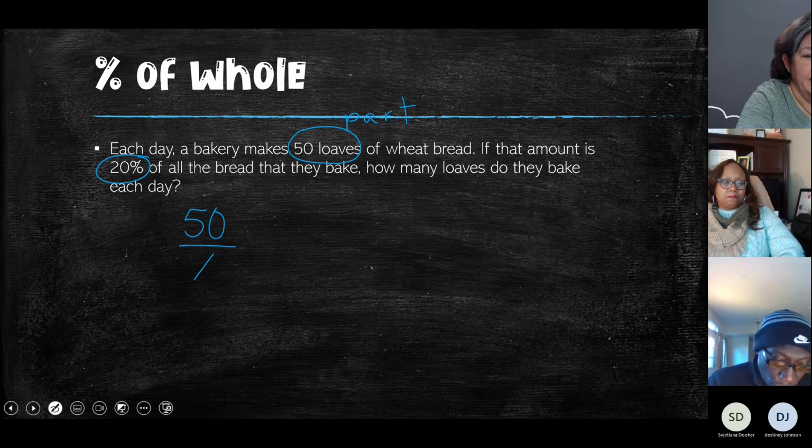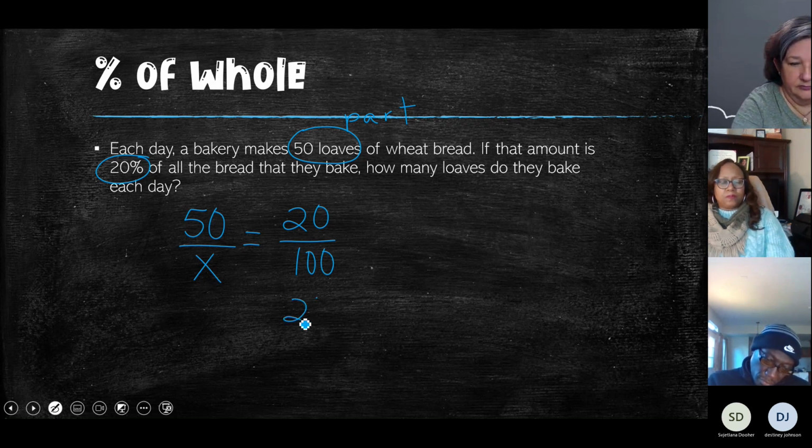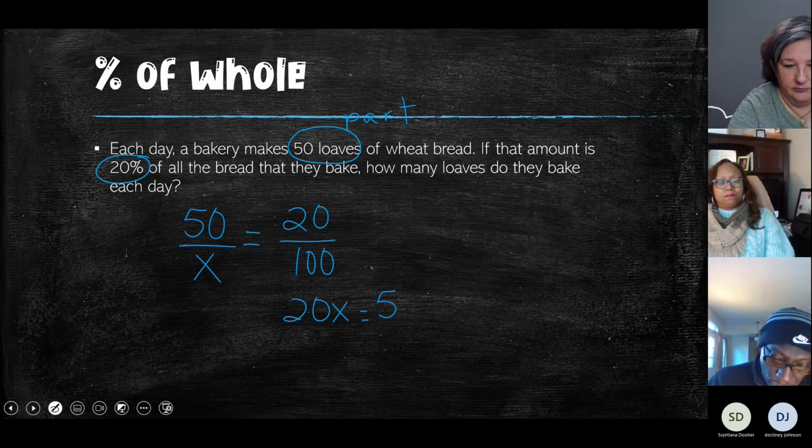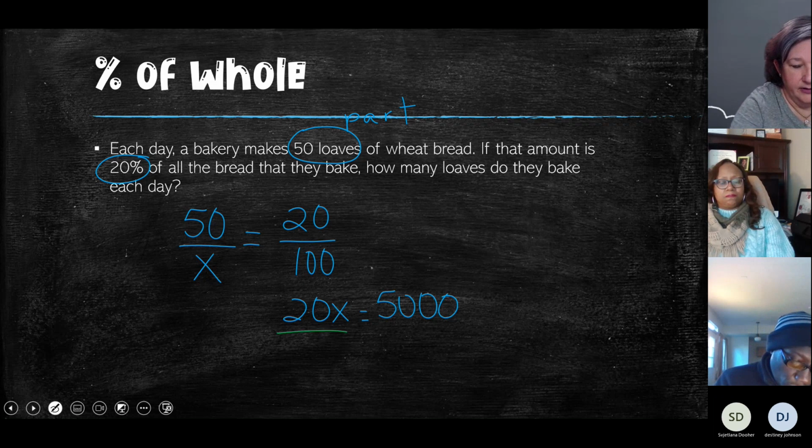We're trying to find out how many the total is, equal to 20 over 100. Then divide both sides by 20.